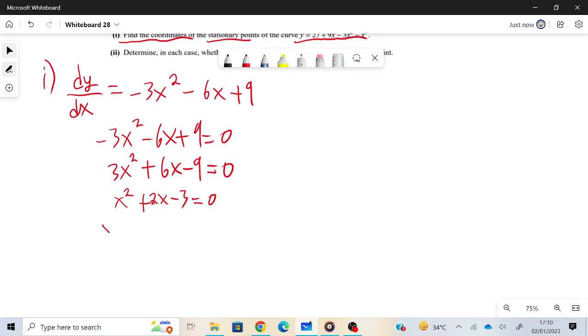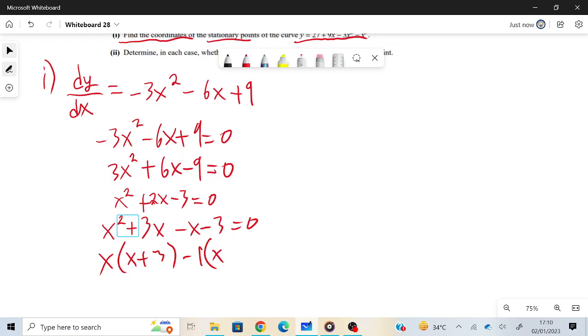Factorizing this, I have x squared plus 3x, not 2x, sorry, plus 3x minus x minus 3 equals 0. Yep, x into x plus 3 minus 1 into x plus 3 equals 0.